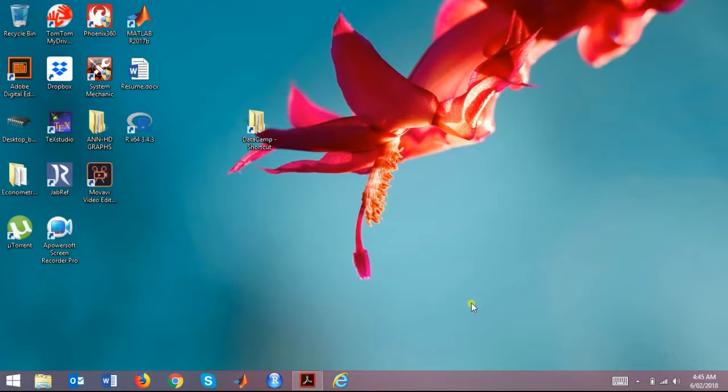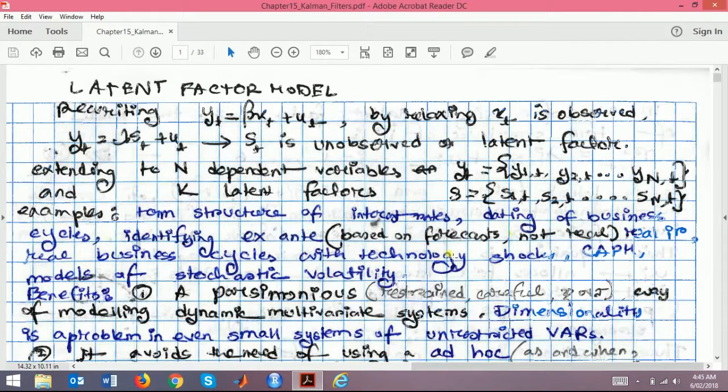Hence the Kalman filter algorithm merges with nonlinear estimation techniques in order to develop more efficient and better artificial neural network algorithms or structures, basically in terms of programming. So we will start talking about latent factor models.